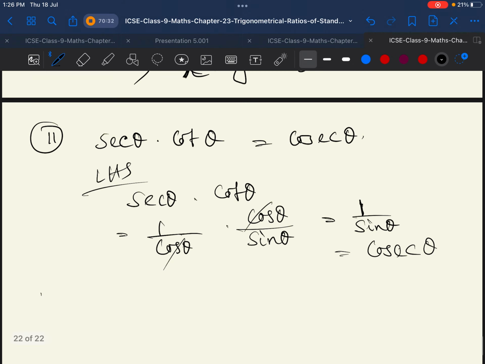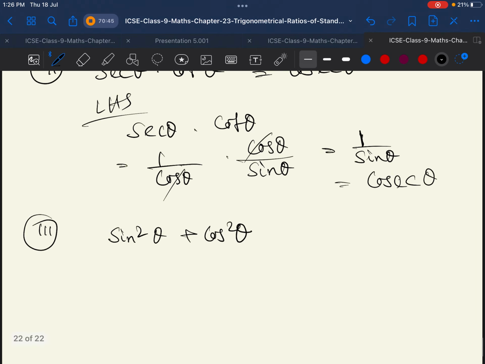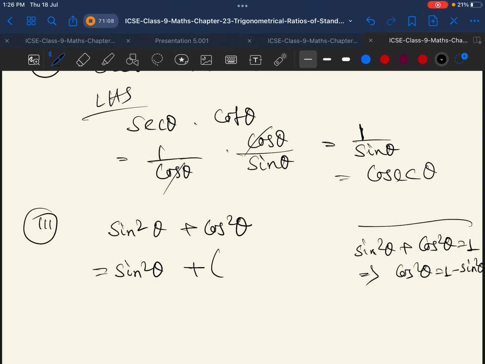Now question number 3. For any angle theta, state the value of sin square theta plus cos square theta. We know sin square theta plus cos square theta equals 1. So cos square theta equals 1 minus sin square theta.